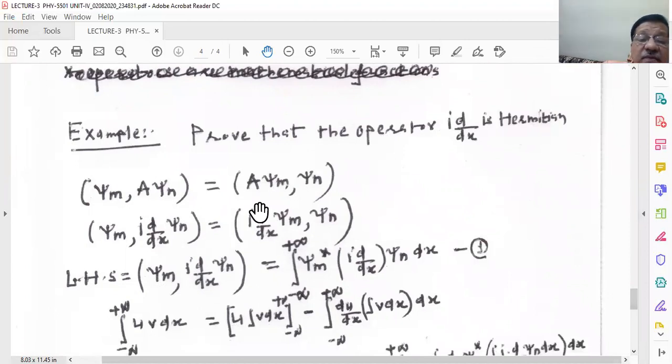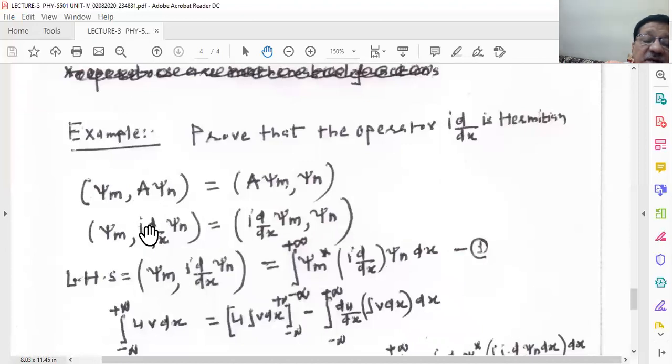If operator A is a Hermitian operator, then the scalar product of psi m with A psi n should always be equal to the scalar product of A psi m with psi n. This is known to you now. Now our operator is nothing but i d by dx, so this operator A is replaced by i d by dx.